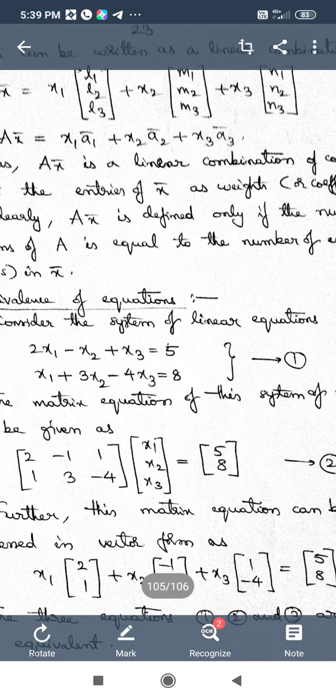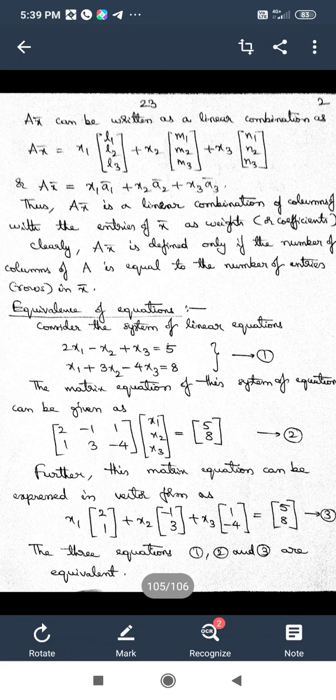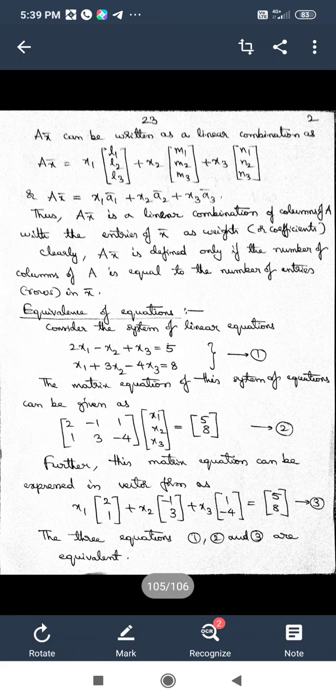This is nothing but the linear combination of the vectors A1 bar, A2 bar, A3 bar by the weights x1, x2, x3. So thus Ax bar is a linear combination of columns of A with the entries of x bar as weights or coefficients.